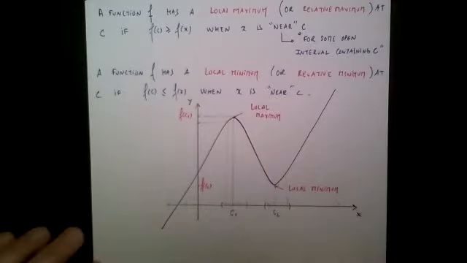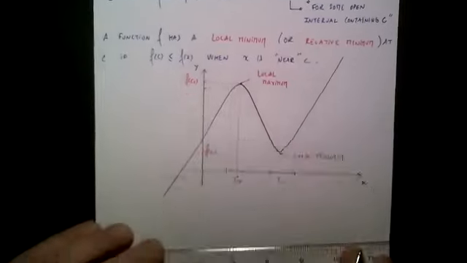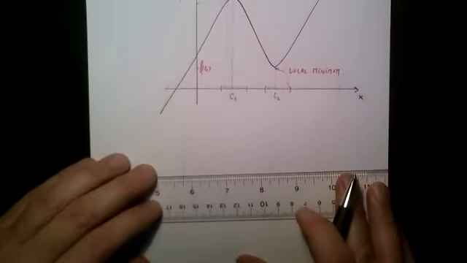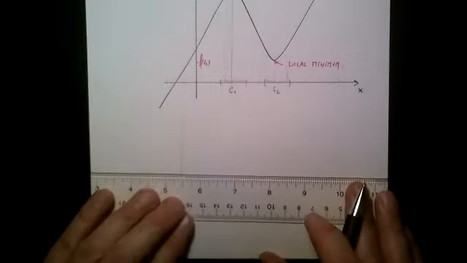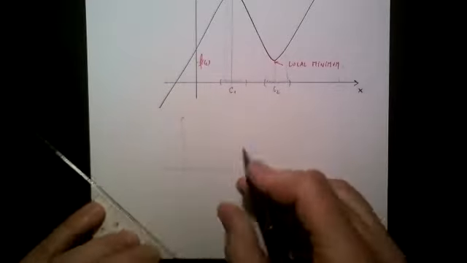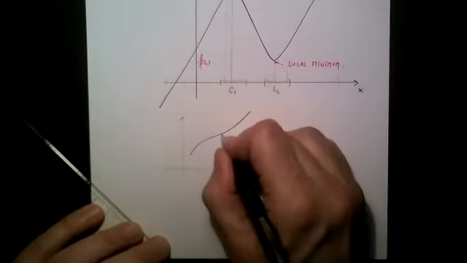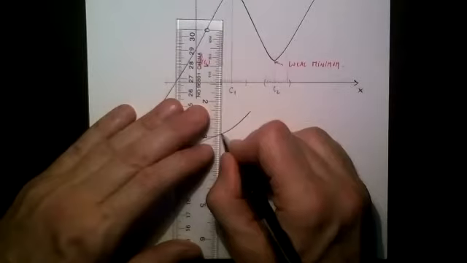So for example, let's have a function like this, which is like that. And I'm asking myself, is this a relative maximum or minimum?